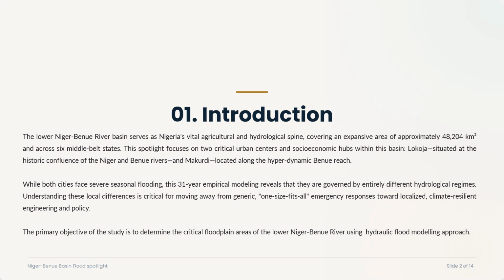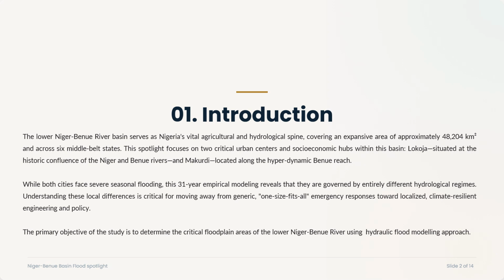The Niger-Benue river basin in Nigeria is one of Nigeria's key agricultural and water resource zones, and it spans over 48,000 square kilometers across 6 states. Within it, Lokoja and Makurdi, which are along the Niger River and Benue River respectively, are major urban hubs.